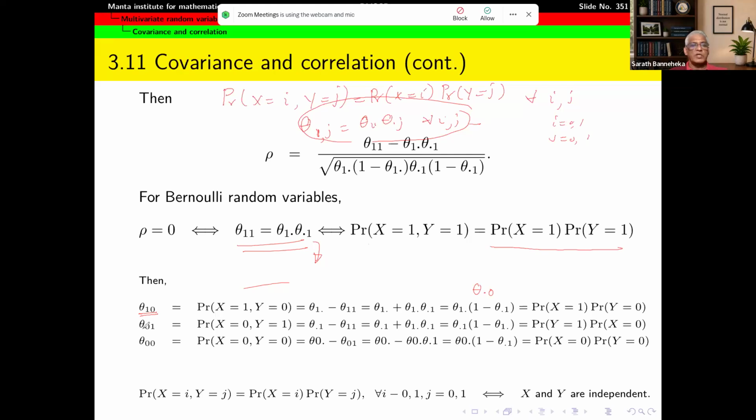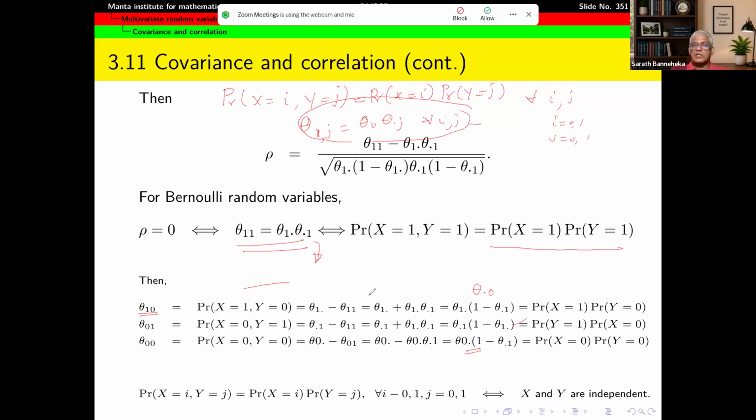And similarly, we can prove that theta 0, 1 is equal to theta 0 dot times theta dot 1. So that I have proved here. And similarly, theta 0, 0 should be equal to theta 0 dot times theta dot 0. That I have shown. Okay. So therefore, we see that x and y are independent.